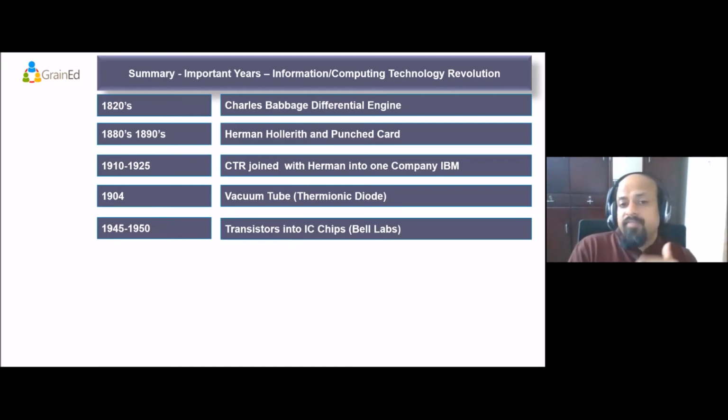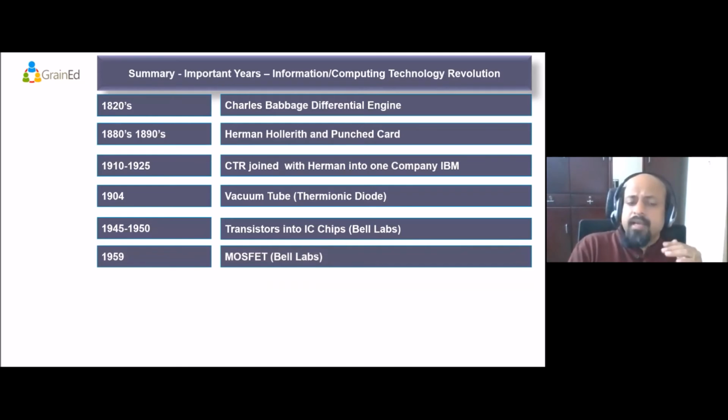And after that, there is the silicon diode as well, but the thermionic diode is one of the first ones, 1904. 1945 to 1950, a series of experiments on transistors and later ICs by Bell Labs, and continuing in 1959, the MOSFET, the thing which we explained yesterday as the transistor using silicon, with semiconductor doping and all that we talked about.